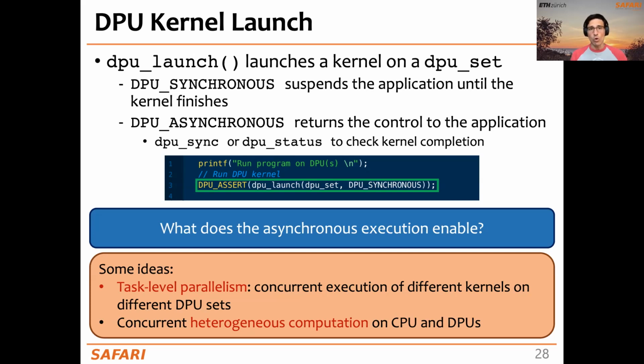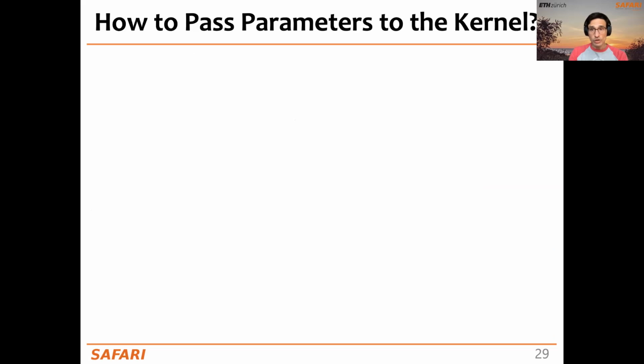They might be working on either different data instances of the same problem, or different tasks of the same program, but we can have CPU and DPUs working at the same time. And one last question before we launch a kernel is how to pass parameters to the kernel.